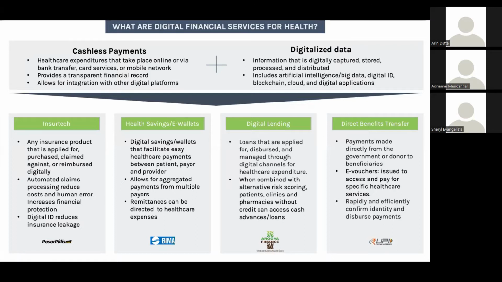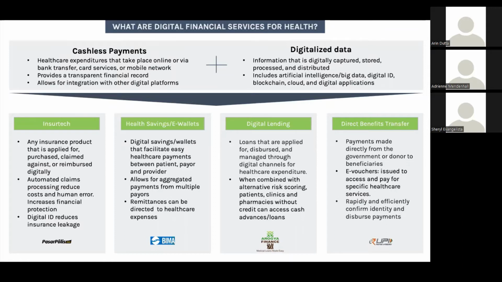And then direct benefits transfers are payments made directly from a government or a donor to beneficiaries. We saw this during COVID-19, where governments had to quickly figure out within a few weeks in 2020 how they were going to get money directly into the bank accounts of citizens and also businesses.